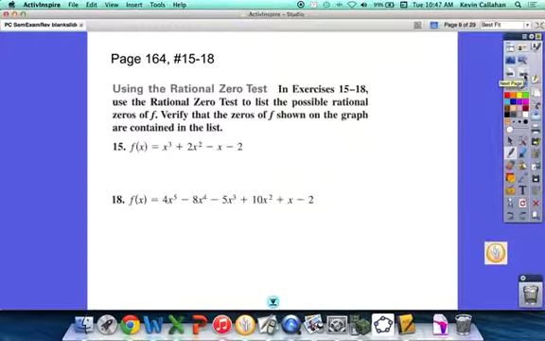And these are problems that there was more to this in the book. They gave you these and said, list the possible rational zeros, and then there was a graph beneath it to verify that the zeros do look like they are in that list. How do you generate that list of possible rational zeros?